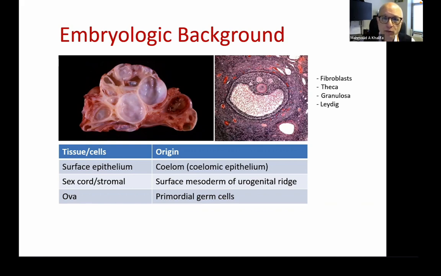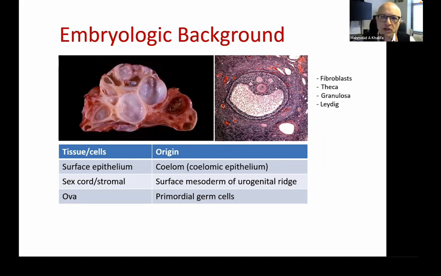In the ovary, we recognize the theca cells and the granulosa cells, but the stroma is also fibroblasts. These are the components of the sex cord stroma of the ovary. Remember, they also form the sex cords in the testicle, i.e. Sertoli cells and Leydig cells.